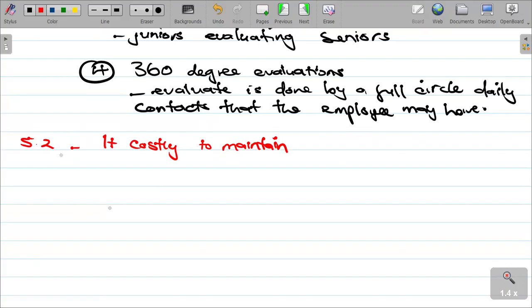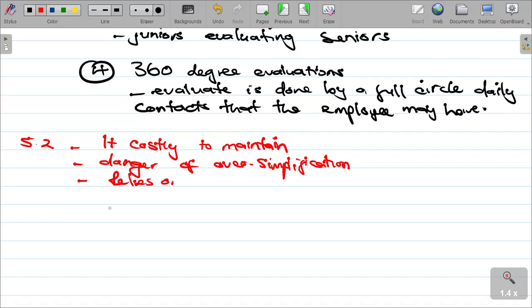And also, there is a danger of oversimplification, right? And also, it relies on human judgment.